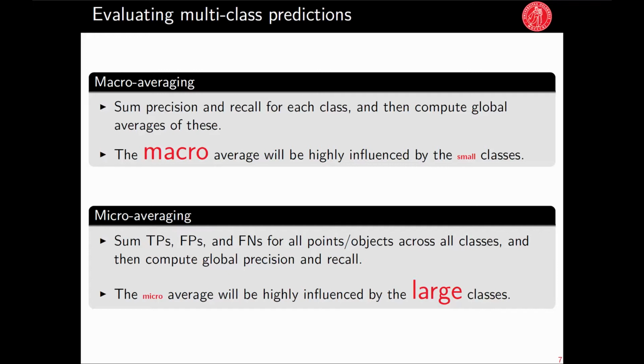Well, this will have the opposite tendency, that it will tend to be overly influenced by the large classes, for the obvious reason that we're now counting the individual predictions, and there will be more of those for the large classes than the small classes. So often if you have very unbalanced classes and it's not entirely clear which one of these will be the best one, which is typically the case, you might end up seeing people reporting both.